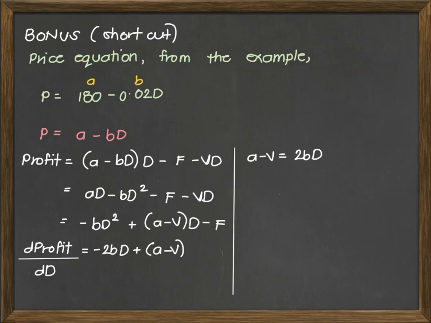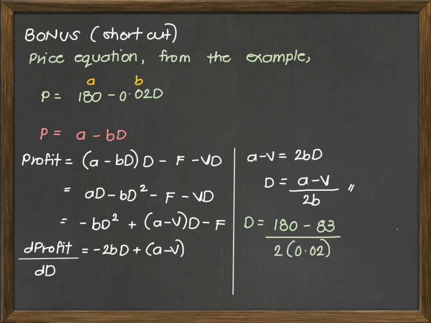We are just manipulating because we want to determine the formula for D. So, our D is therefore A minus V over 2B. Now, to substitute, that's 180 minus 83 over 2 times 0.02, based on our price equation earlier. This will also give us 2,425 units, which is the same as the answer we had from the previous slides.